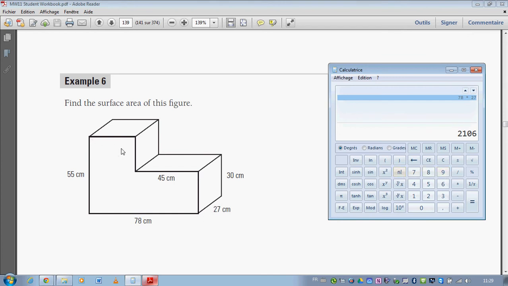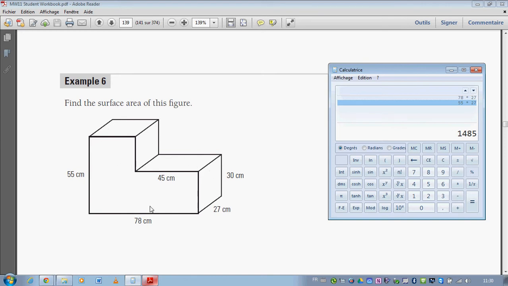So I'm going to figure out the combined area of these two sides: 55 centimeters times 27 centimeters gives us 1,485 being the combined area of this side and that side. So far we've got these two sides and the area of these two sides.